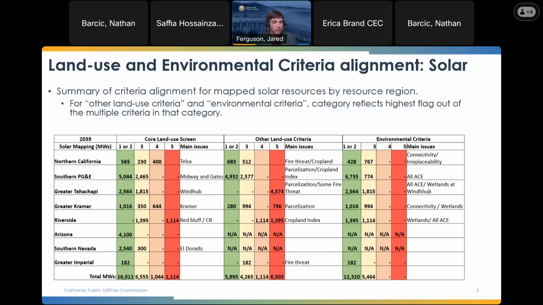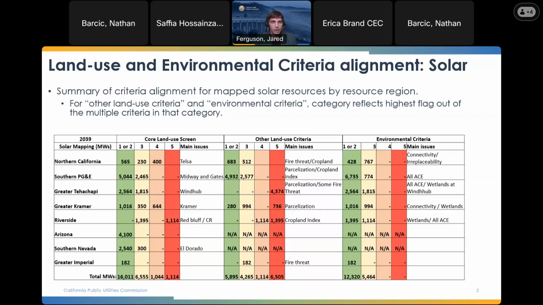You have 230 megawatts, which is at one substation at that middle level 3 alignment, and then you have 400 megawatts of solar mapped to a substation that has the level 4 misalignment with that core land use screen. And I've just noted here that the 400 megawatts is mapped to the Tesla substation.